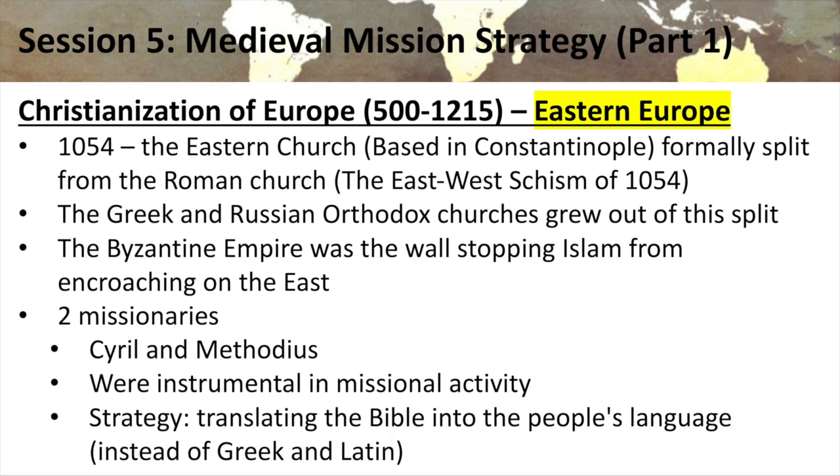So we see now that the Eastern Church has solidified into its own identity. The Byzantine Empire, which is based in Greece and even into Turkey, is basically holding back Islam coming from the East, even though that's going to fail later on.